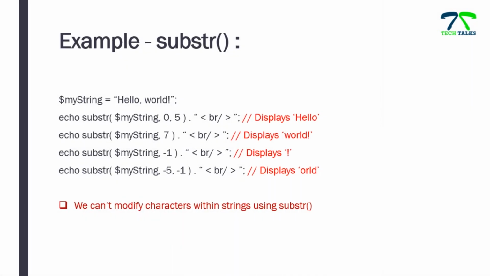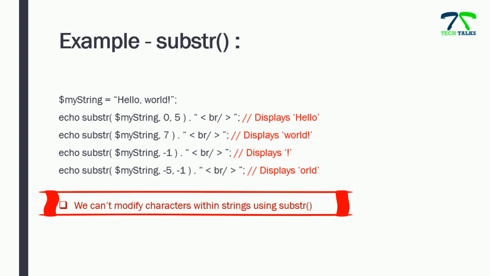This is the example we have used over here. I have stored a string value in a variable, and I have used substr in different ways. So it will display hello. I have given 0, 5 as the indexes. Then here I have used just a single one, and there is a -1. You cannot modify the characters within a string using this function.